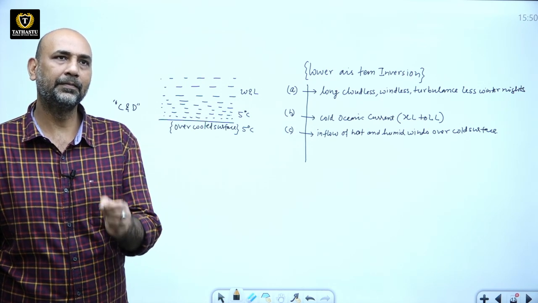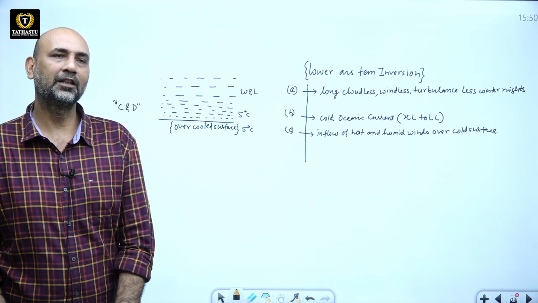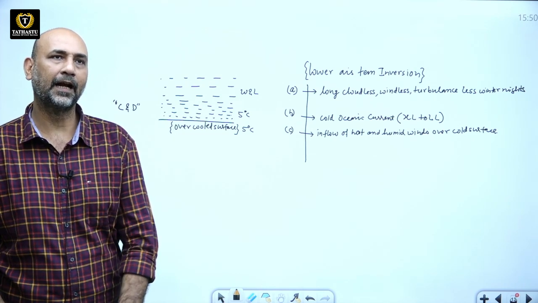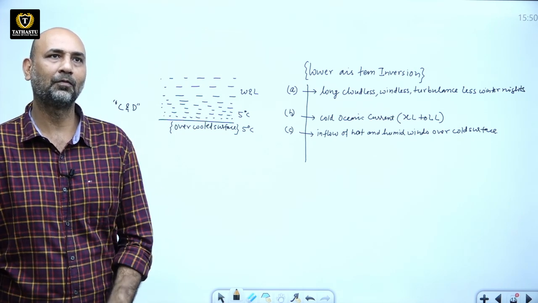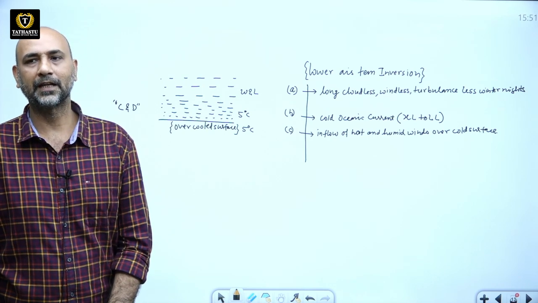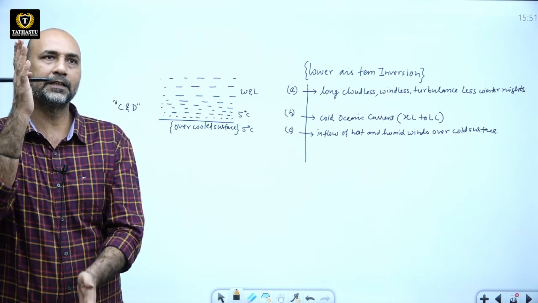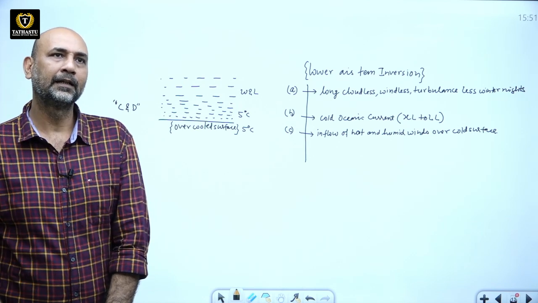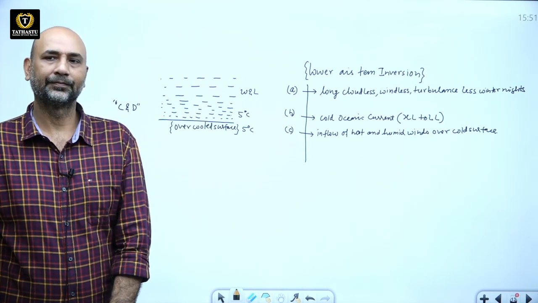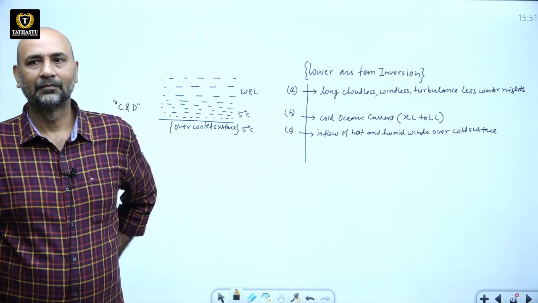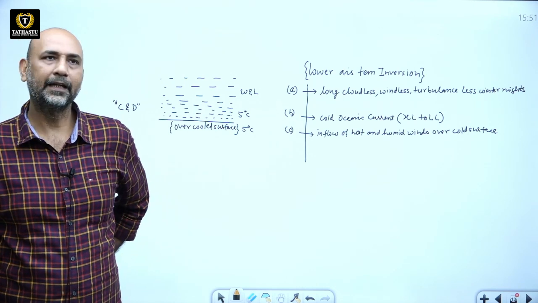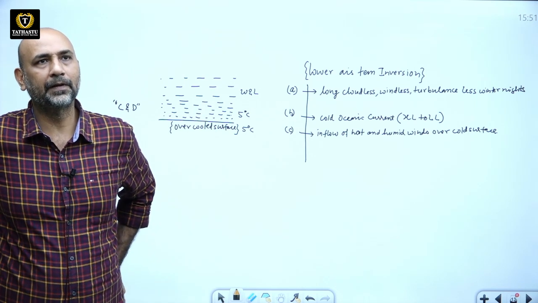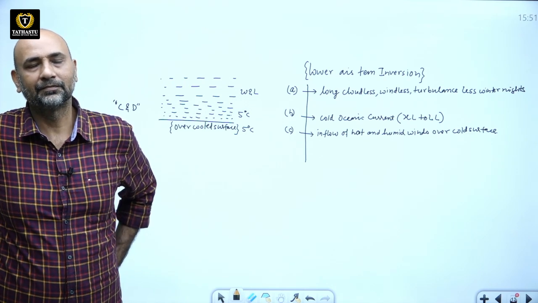It is the air in the cotton, in the jackets, air inside of the jackets. That is why fluffy jackets are warmer compared to thinner jackets. That is why different layers are put, so that within the layers there is air. Remember, these things are very important for the prelims basics.